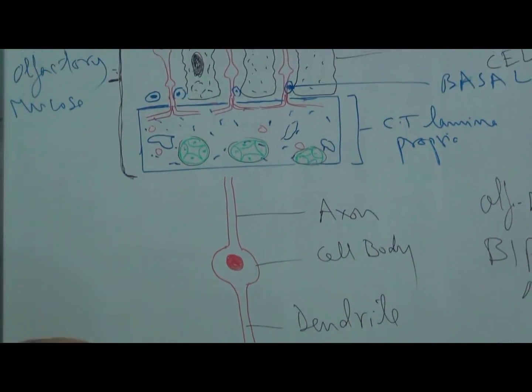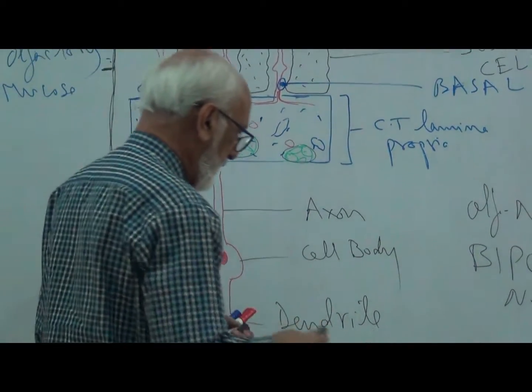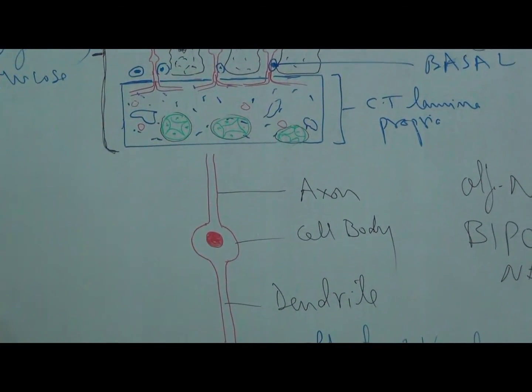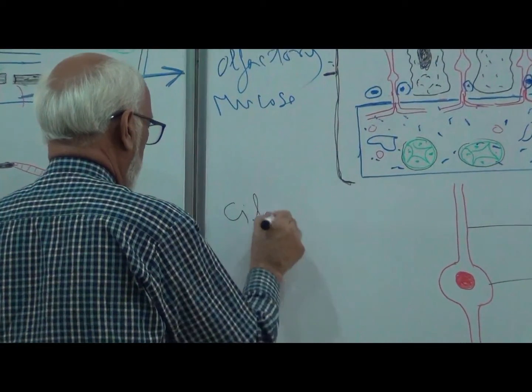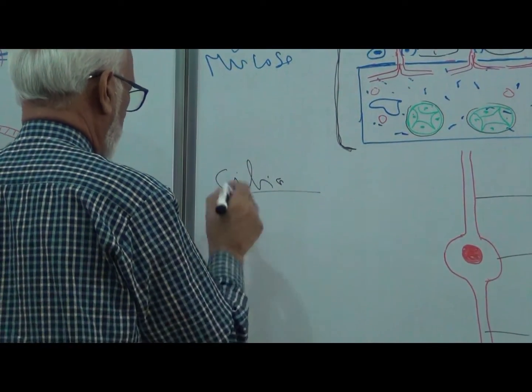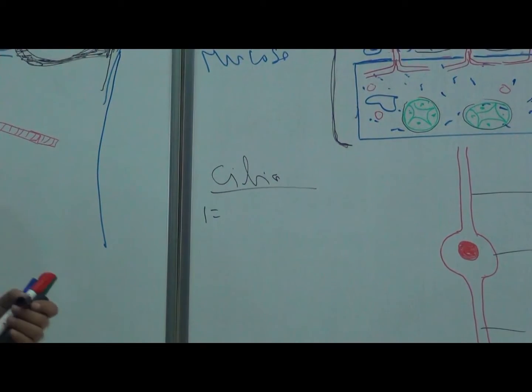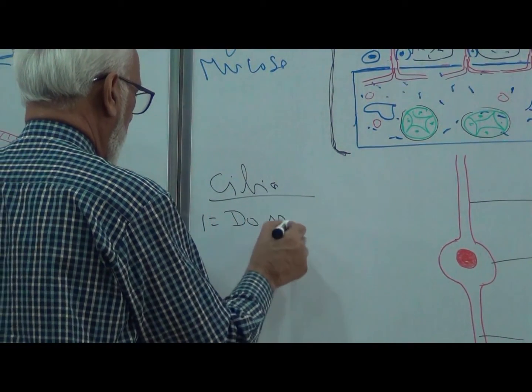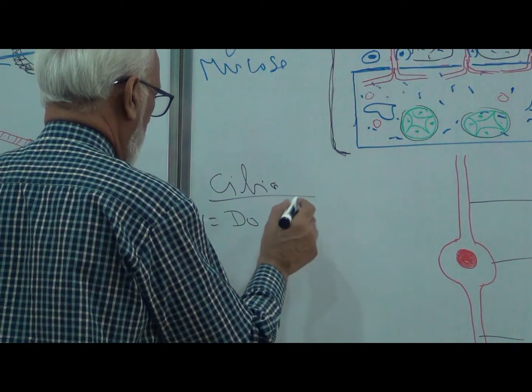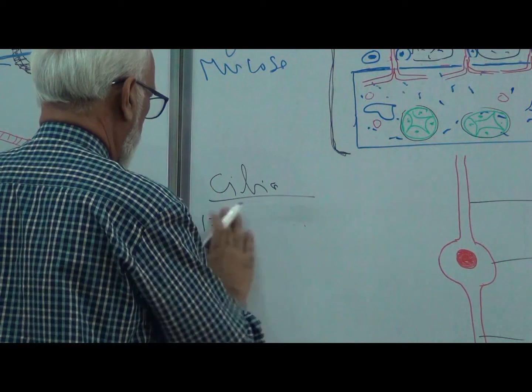Now the cell membrane of the olfactory cilia. Number one, these cilia are not motile.